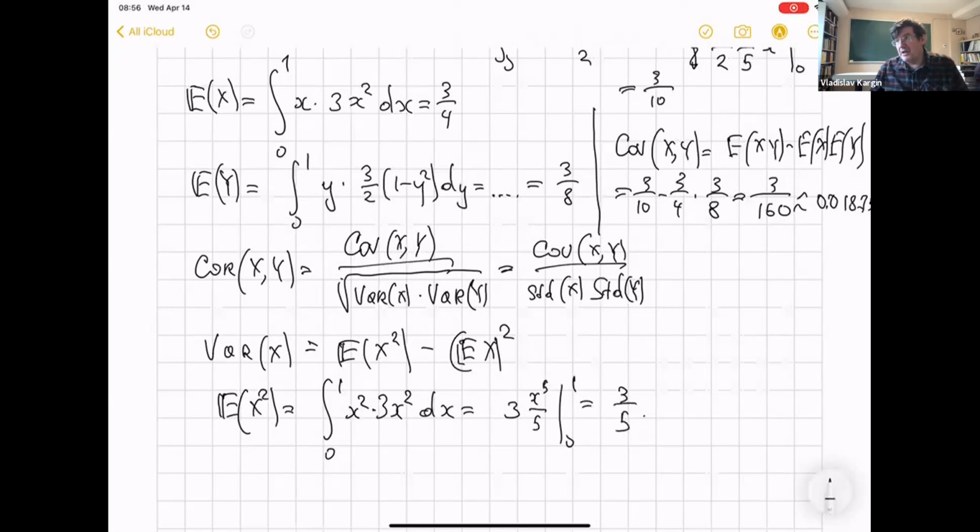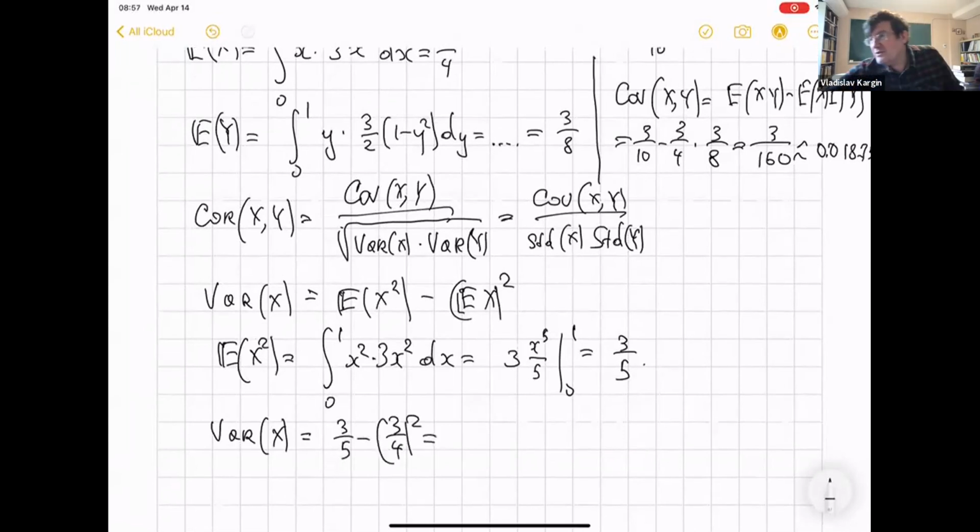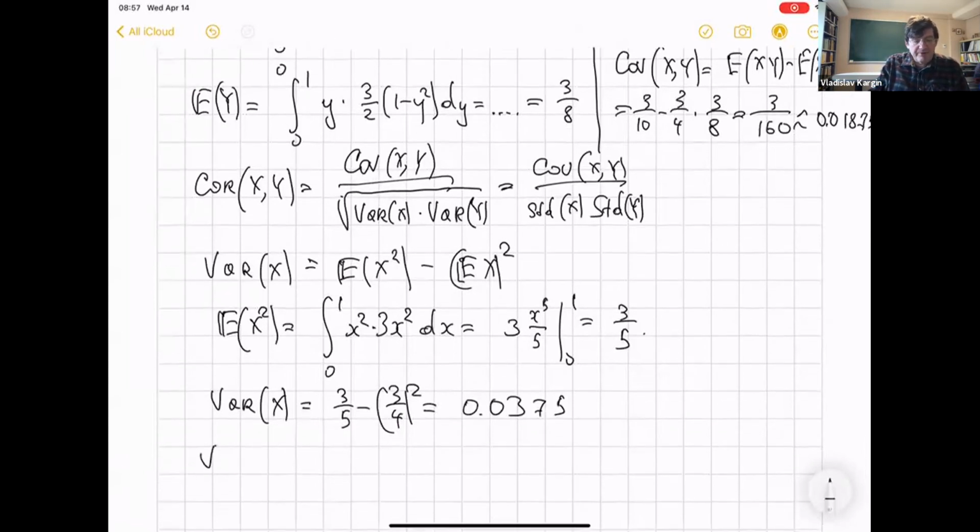Right? So this is the expectation of x squared, and for the variance of x, we have 3/5 minus 3/4 squared. If you calculate it, let's see what we'll get here. You'll get something like 0.00375.